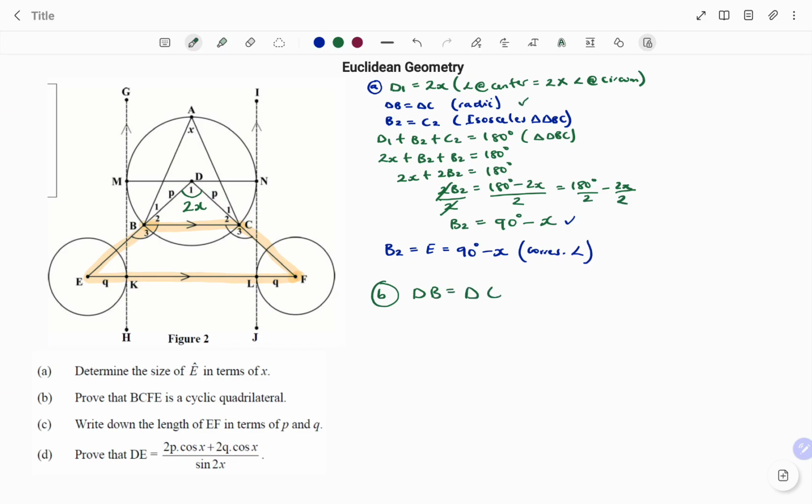I stated that earlier, and the reason being they're both radii to the circle, and because they're both radii to the circle and they're equal, then the angle B2, I'm just stating what I stated earlier, is equal to the angle C2, and I have that as base angle of an isosceles triangle. I have B2 as shown in the first part of the question. That's 90 degrees minus x, and the reason why B2 is equal to C2 is base angle of an isosceles triangle.